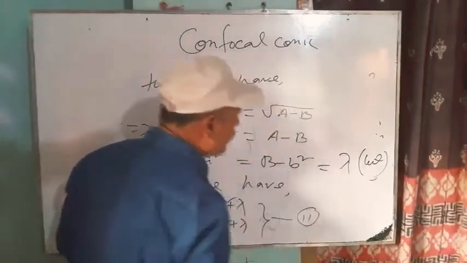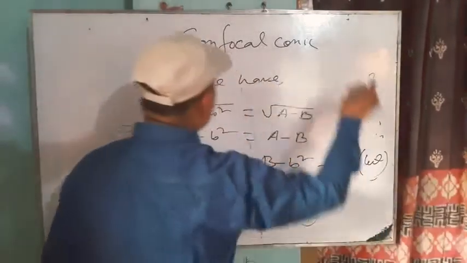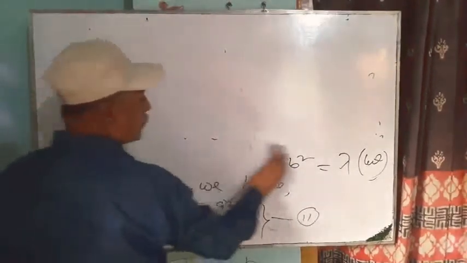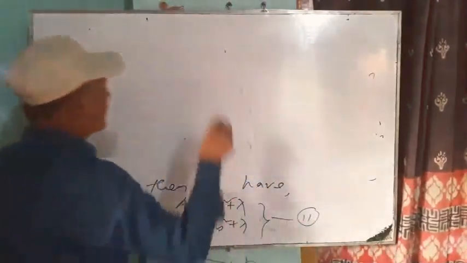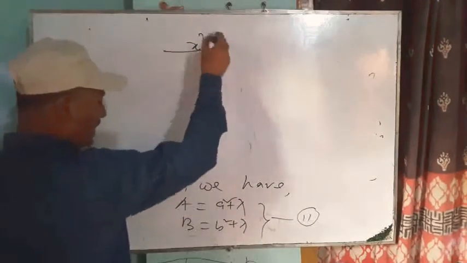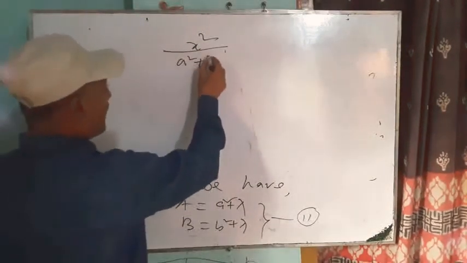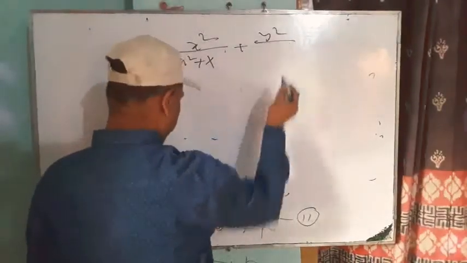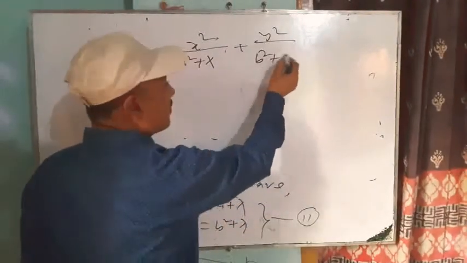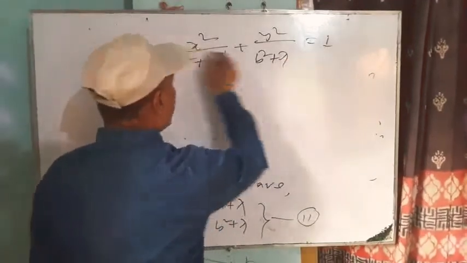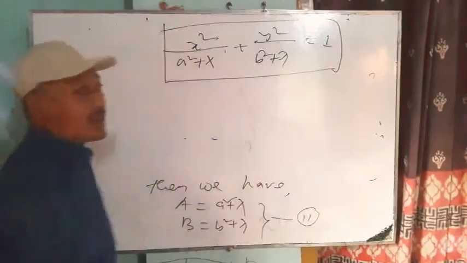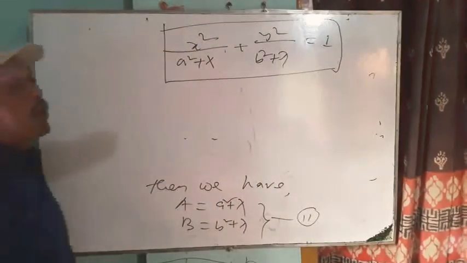Putting these values in equation 2, we have the required equation of the confocal conic: x square by (a square plus lambda) plus y square by (b square plus lambda) equal to 1. This is the required confocal conic.